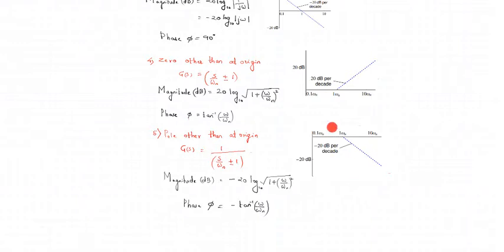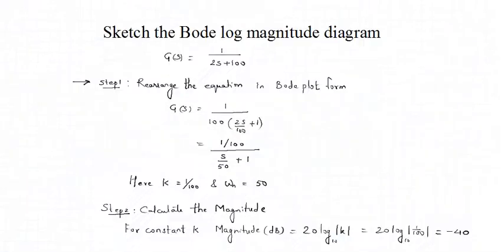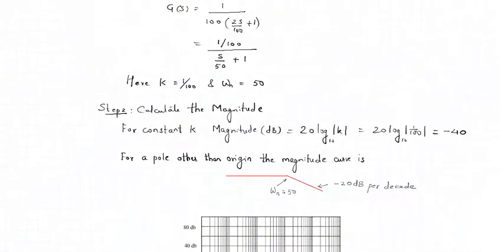So this is the characteristics of the Bode plot for a pole other than at origin, which we derived when we discussed these 4 cases. So if we now apply it to our given problem, let us apply it. So how are the characteristics?